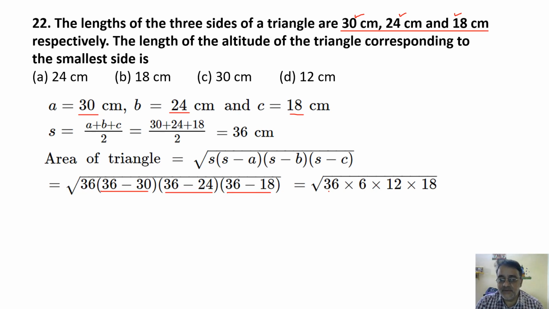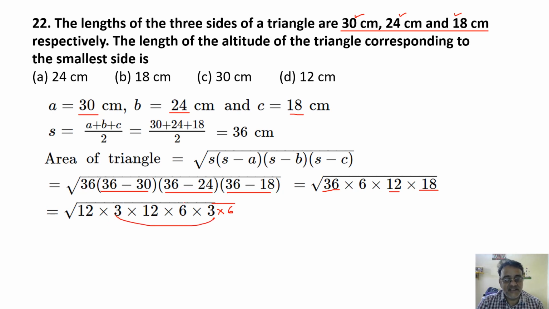So 36 को हम लोग 12 into 3 लिखेंगे और 12 तो ऑलरेडी है, इसको 6 into 3 लिखेंगे, राइट? एक मिनट, एक 6 छूट गया. गुड. अब 2 भी पेयर में है, 6 भी पेयर में है और 12 भी 3 भी पेयर में है, 3, 12, 6 सभी पेयर में है, तो सिंगल आ जाएगा. 12 into 3 into 6, that is 216 centimeter square.